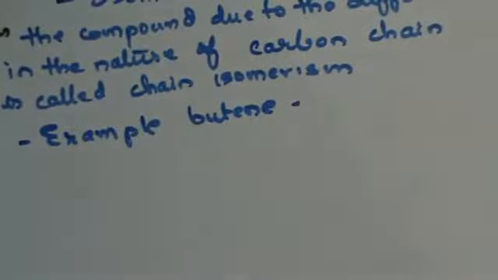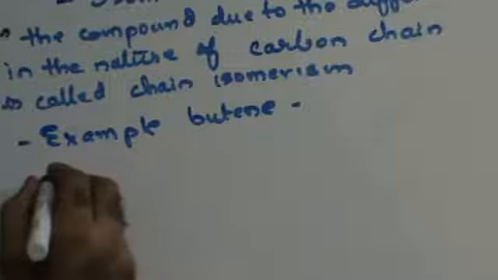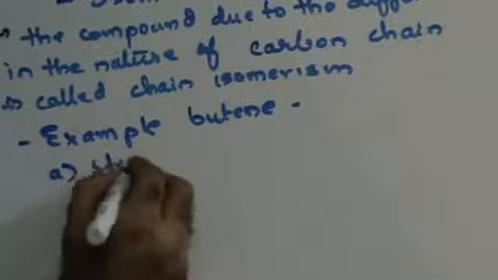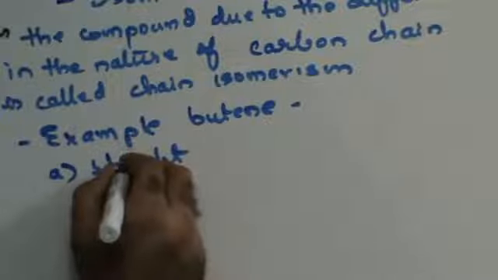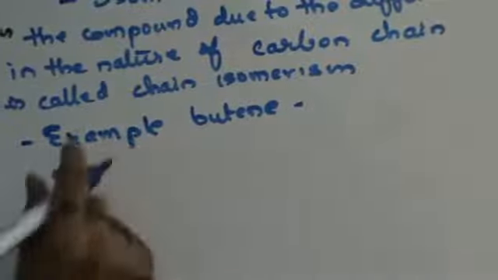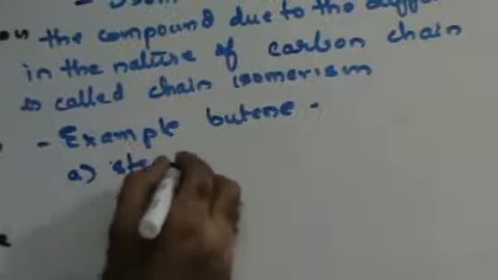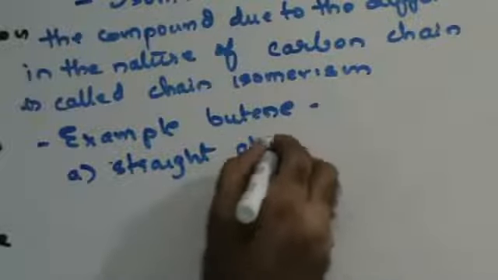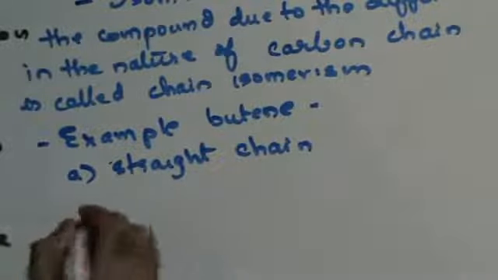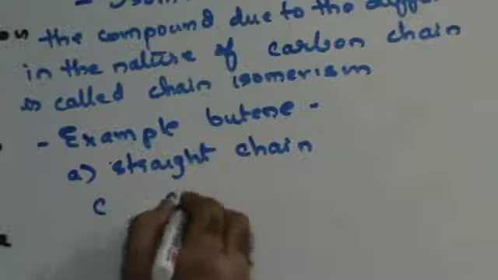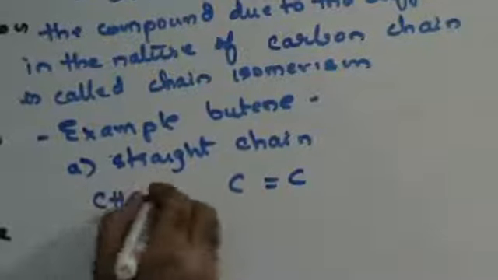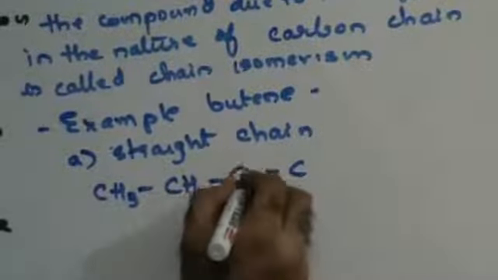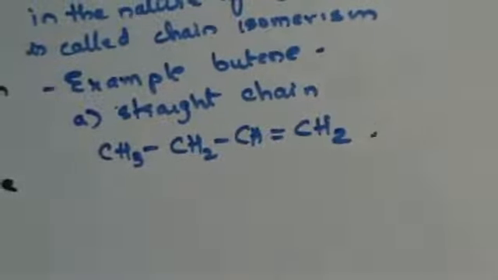Now butene, I can have a straight chain for butene, that is, 4 carbon atoms, butene, double bond, so CH3, CH2, CH, CH2.